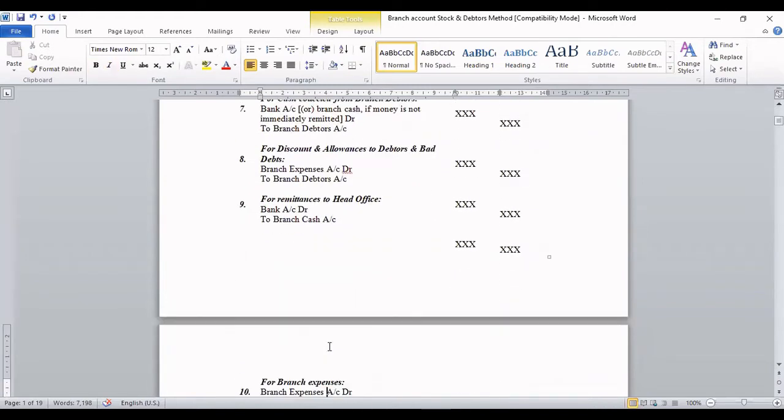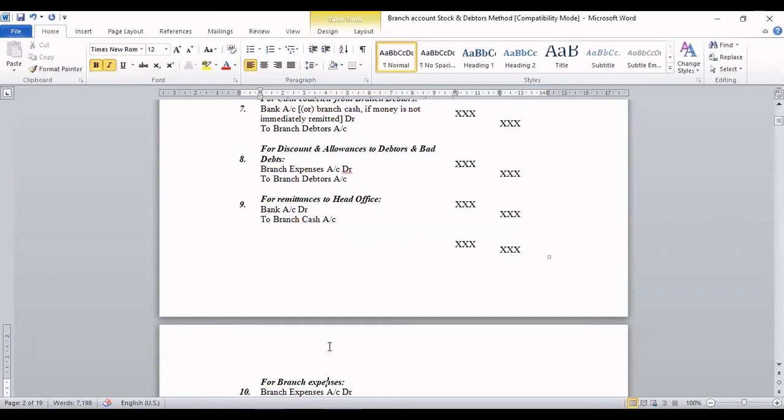Then next one. See, when cash is given to head office, when the branch gives money to head office, or we can say when the branch remits the money to the head office, in that case who will be the receiver? Head office, right? Yes or no? Yes, sir. And we are passing this entry in the books of head office only.